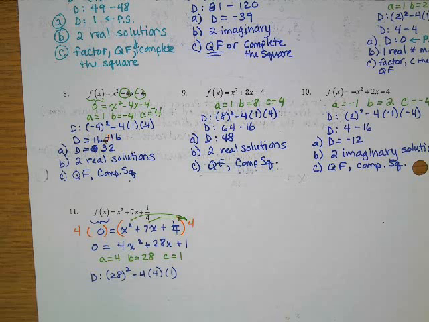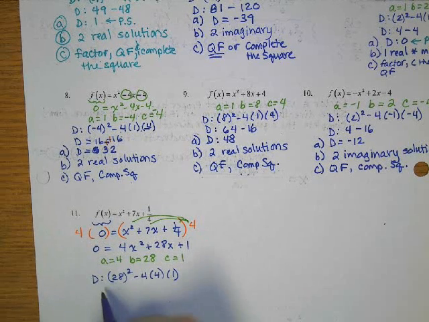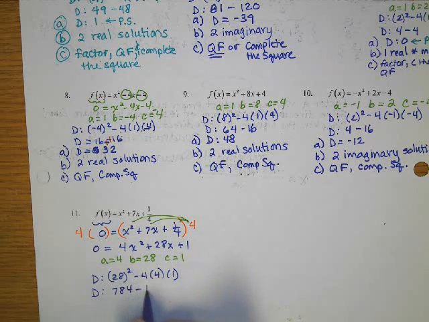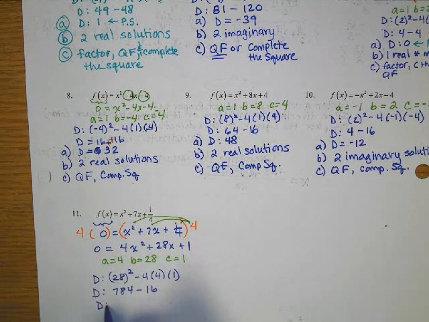And I do not have 28 squared memorized. However, I know it's more than 729 because that's 27 squared. So our discriminant is 784 minus 16. 784 minus 16 is 768.